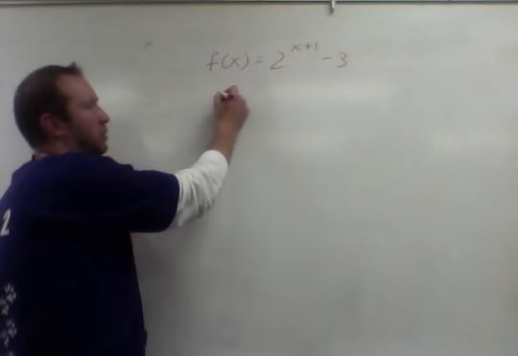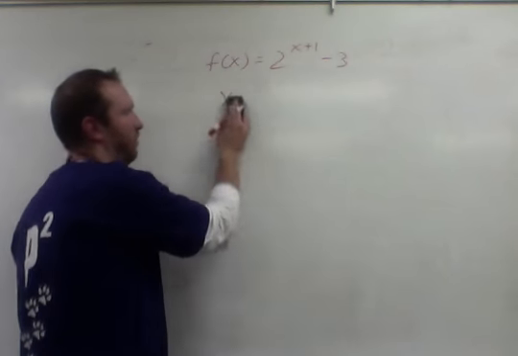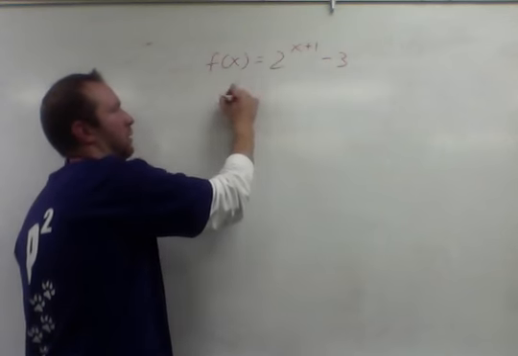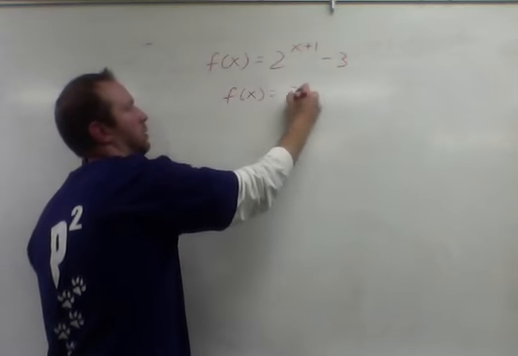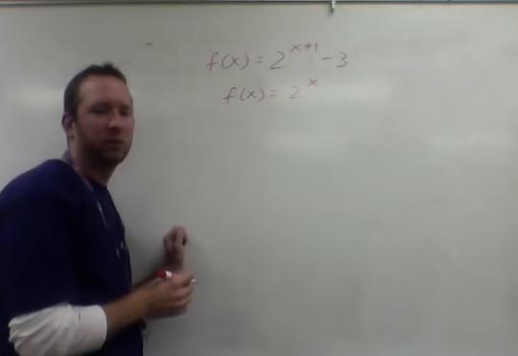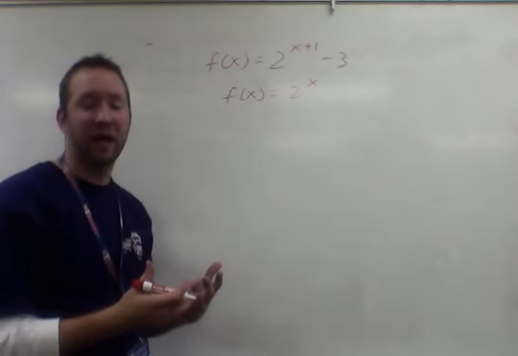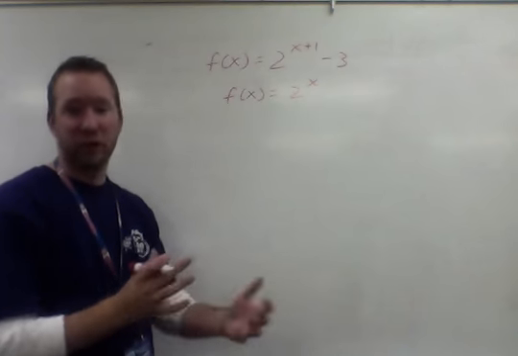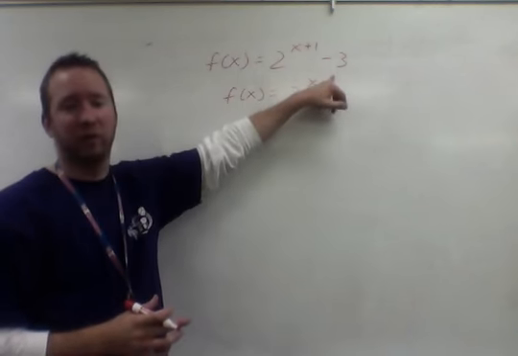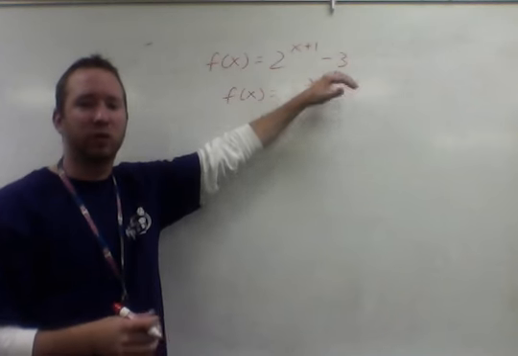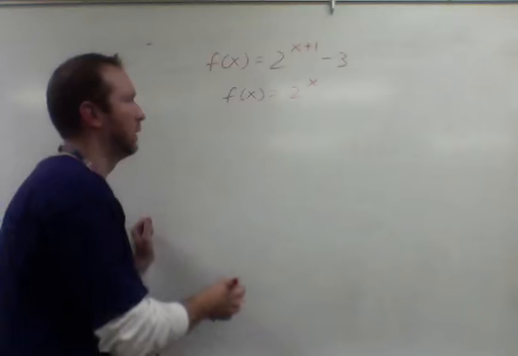So my parent function is f of x equals 2 to the x. Okay, so I'm going to sketch the graph of that, and then identify the transformations from this original equation and manipulate the graph.